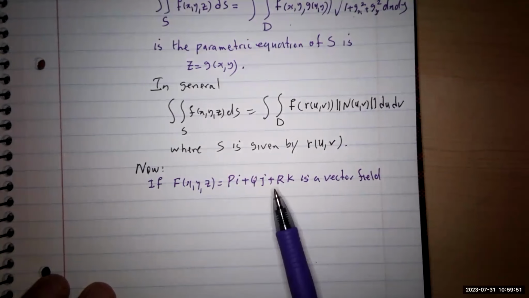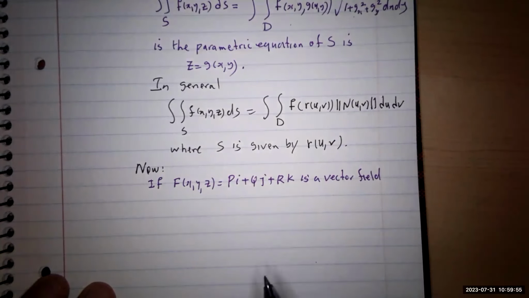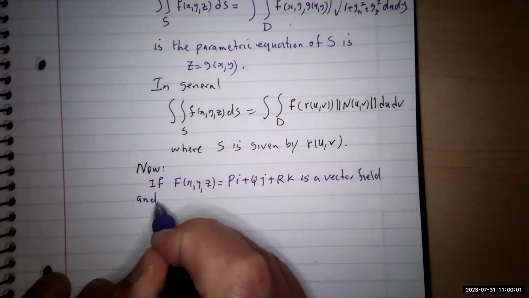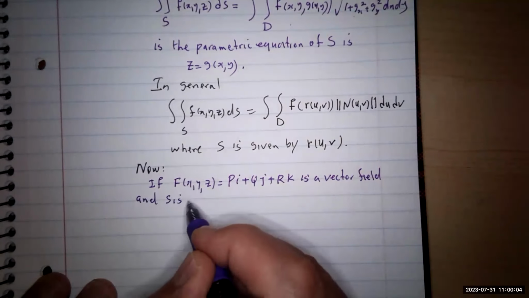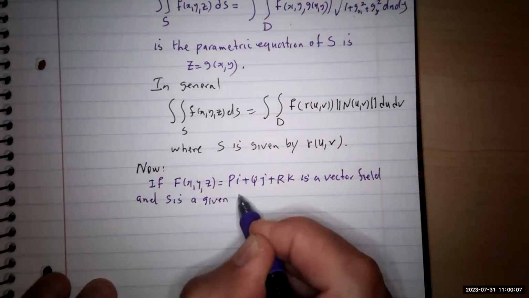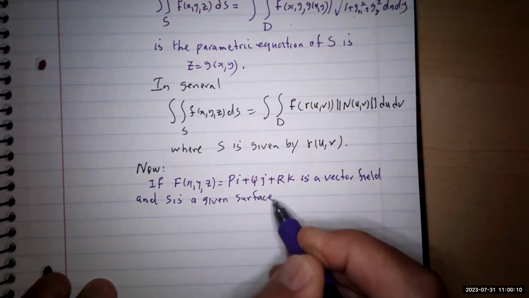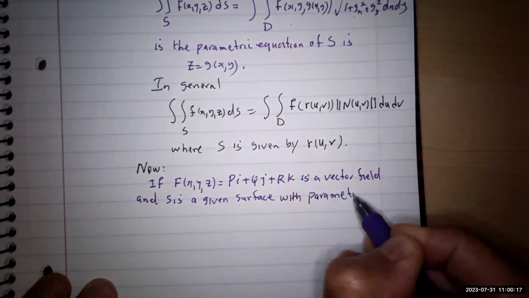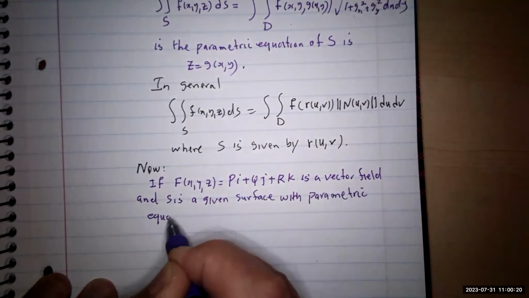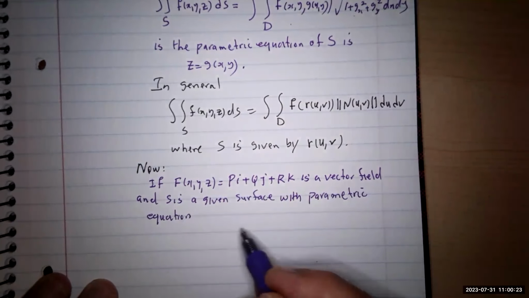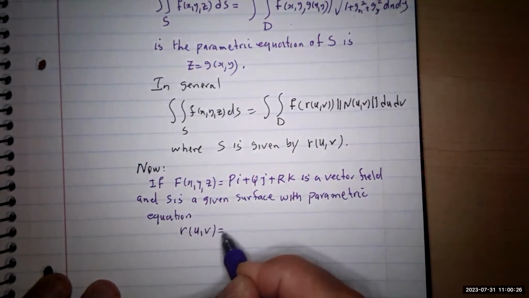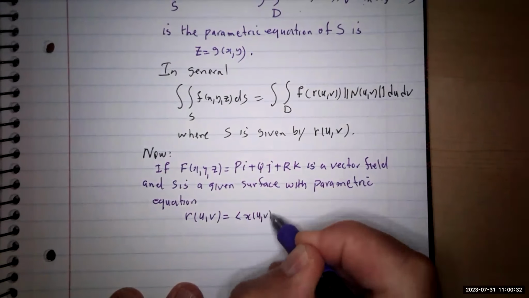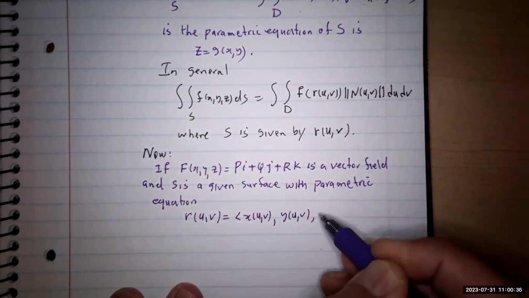and S is going to be a given surface with a parametric equation, then the parametric equation is, as usual, going to be R of (u,v), with the usual practice: x of (u,v), y of (u,v), z of (u,v).